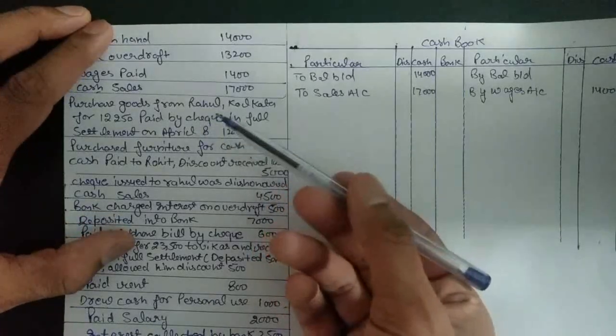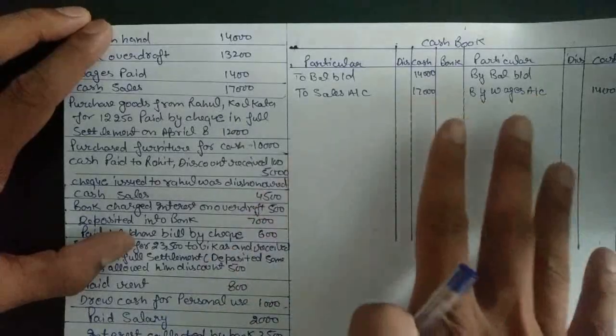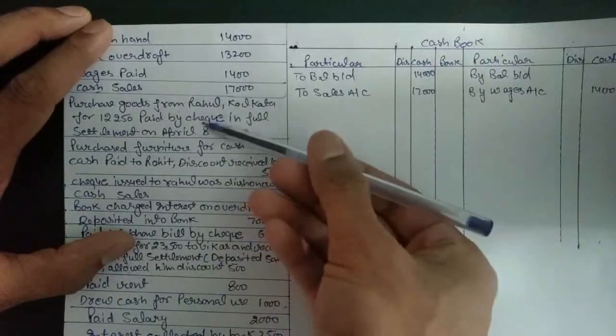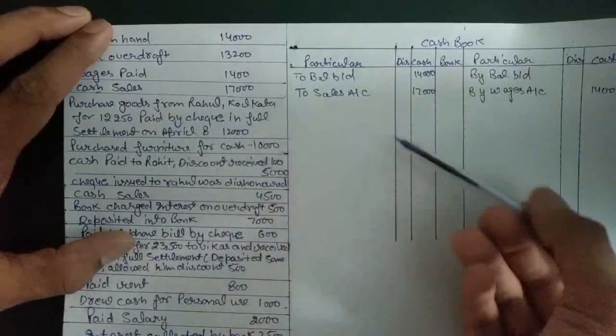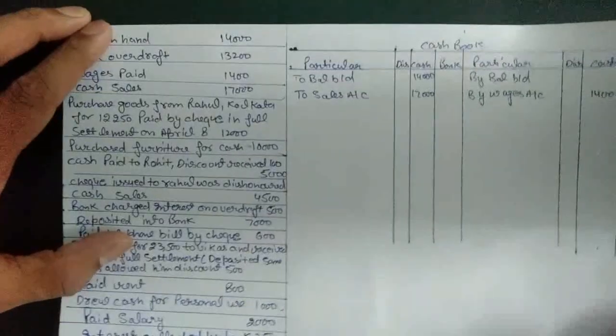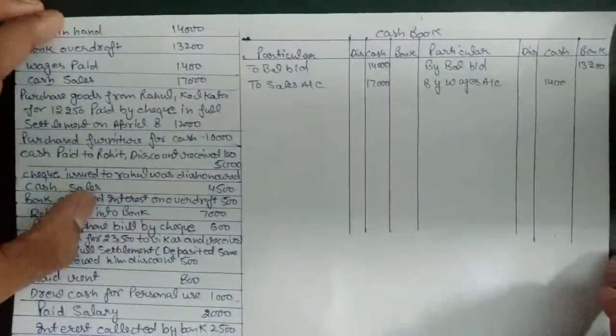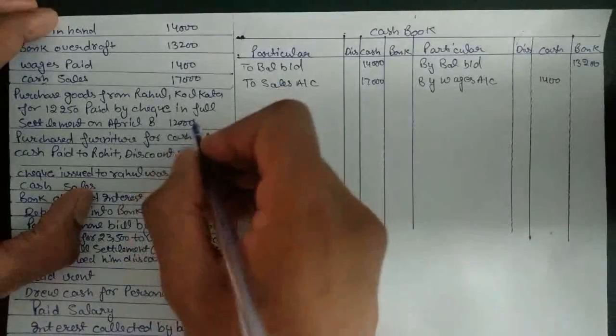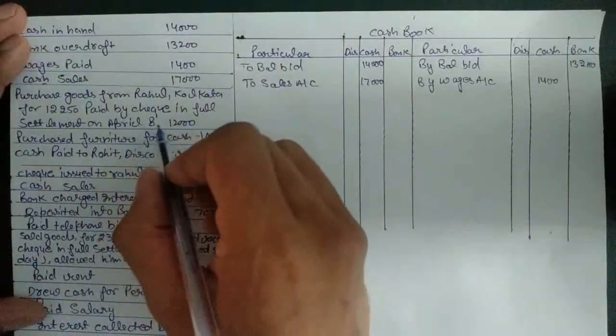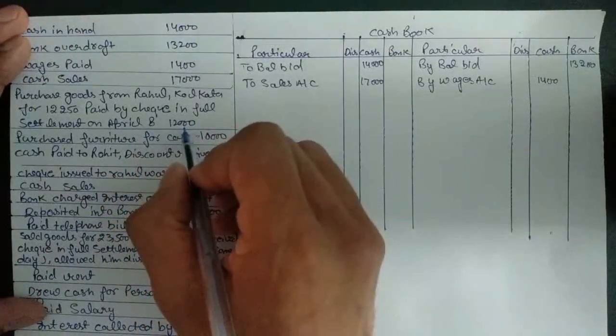It is not a credit transaction, so we will post in the cash book and in the bank column because we are paying by check. So there is an outflow of bank, not an outflow of cash from our account books. On April 8th, we paid 12,000 to Rahul.